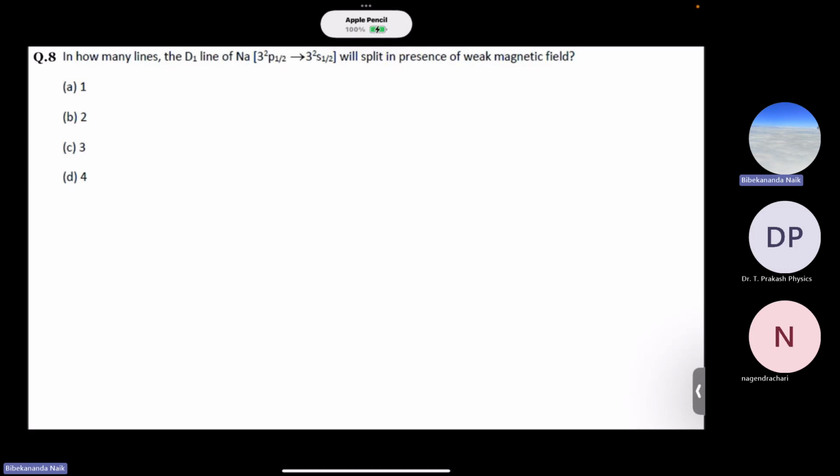So yes, can anyone tell me in how many lines the D1 line, which corresponds to the transition between 2P half and 3S half, will split in the presence of a weak magnetic field? Yes, anyone?